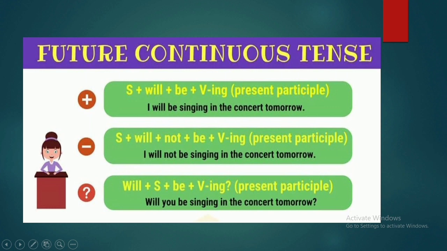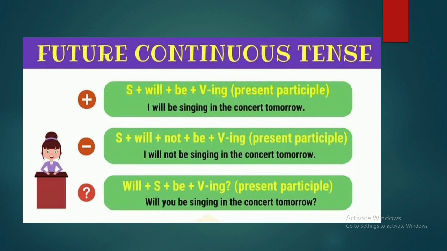Future continuous tense. As we said, continuous means verb to be. Continuous means what, guys? It means verb to be. In the future continuous tense, use will, be plus ing. Again, use what? Will, be plus ing.